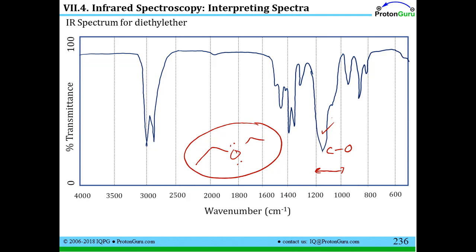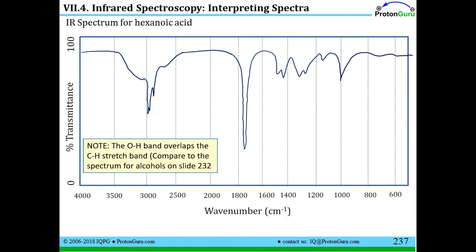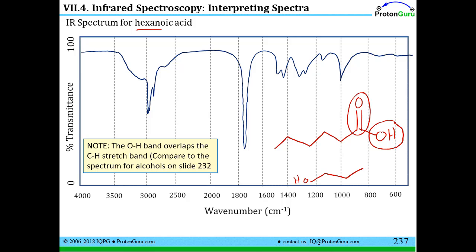Now here we have the spectrum for a carboxylic acid. The carboxylic acid should have the CO double bond and the OH as part of its structure. And here we have a hexyl chain, 6 carbons in the structure, 1, 2, 3, 4, 5, 6. But we need to be able to tell when we have an OH and a C double bond O that are in a carboxylic acid, instead of an OH over here and a double bond O over here.